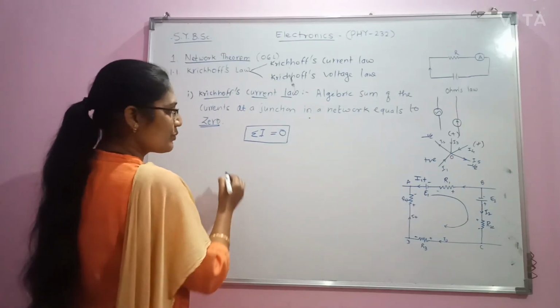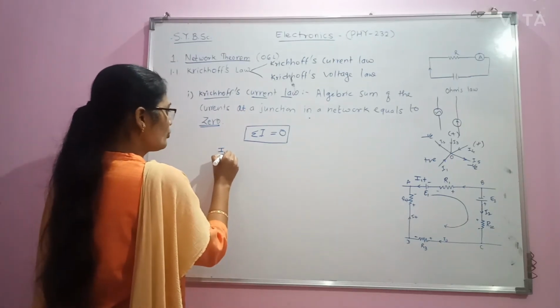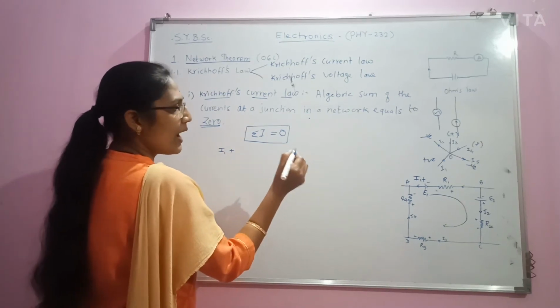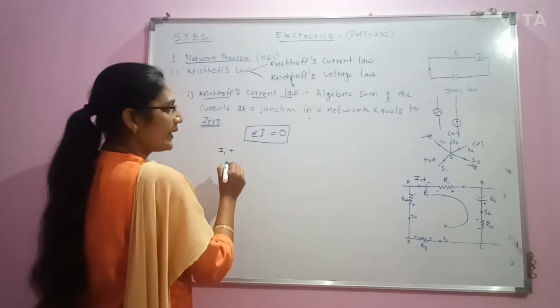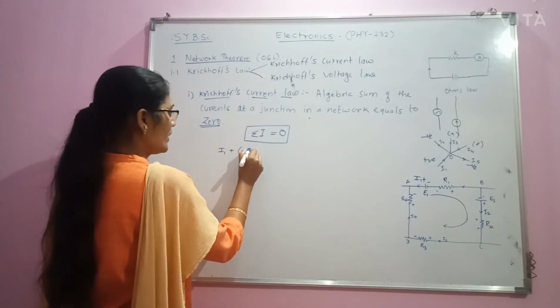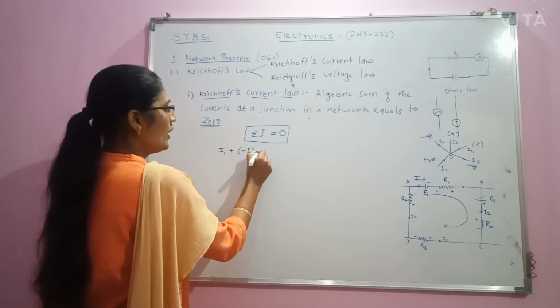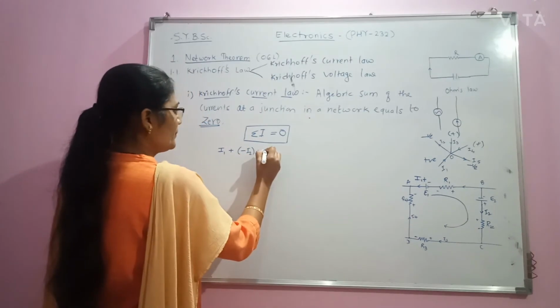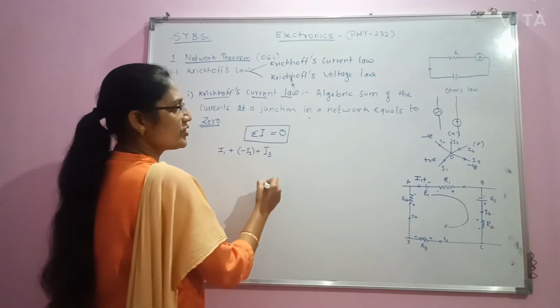So I1 is positive as it is moving towards the junction. Then I2 is negative because it is moving away from the junction, minus I2, plus I3 is positive towards the junction.